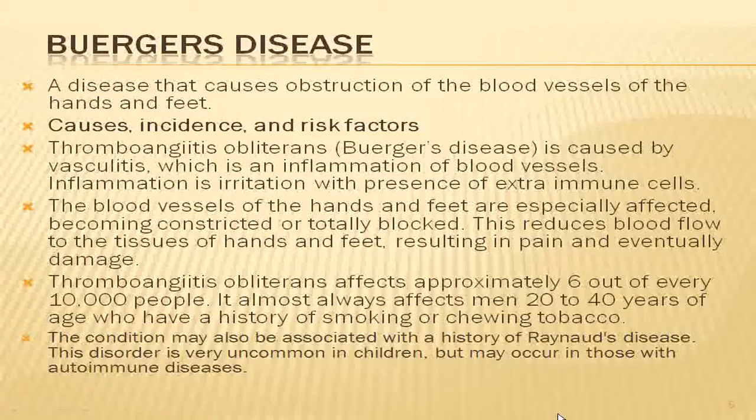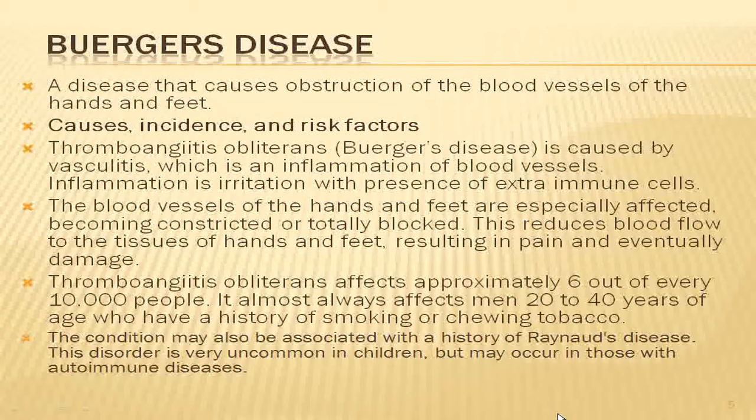Buerger's disease is a non-atherosclerotic disease. So we see the difference right there between Buerger's and peripheral artery disease, because peripheral artery disease is caused by atherosclerotic plaques. Buerger's disease is highly associated with a history of smoking.